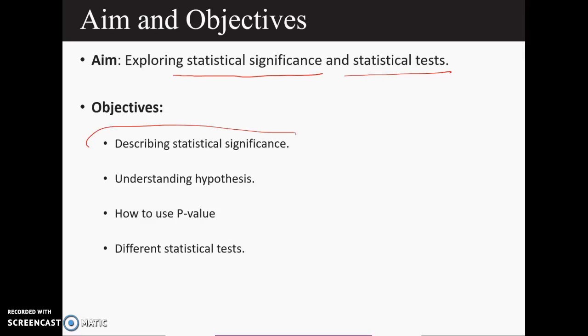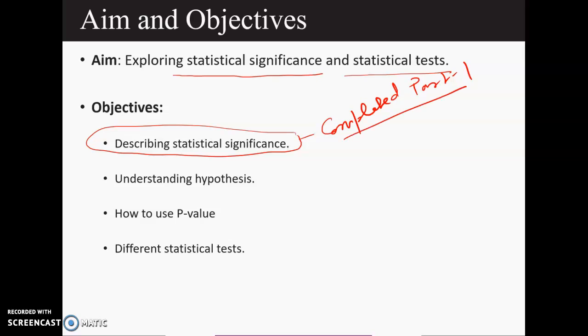We completed objective 1 in the part number 1 video lecture, and in part number 2, we will explore statistical hypothesis, and in part number 3 we will discuss this. So we will first understand what is hypothesis and p-value.